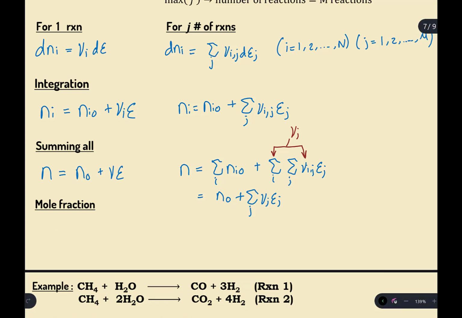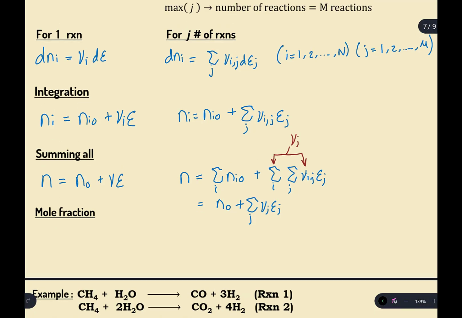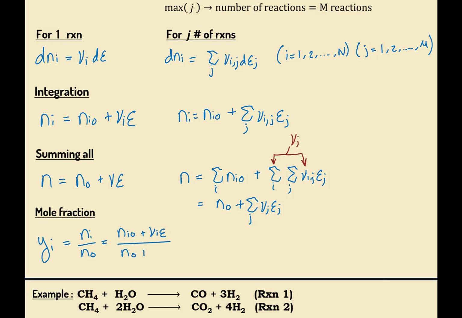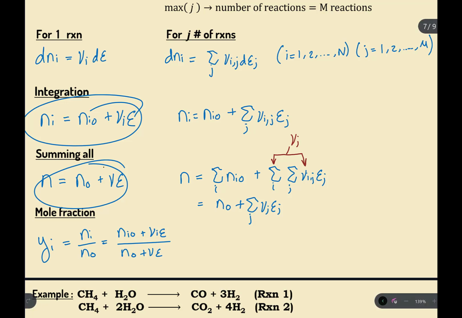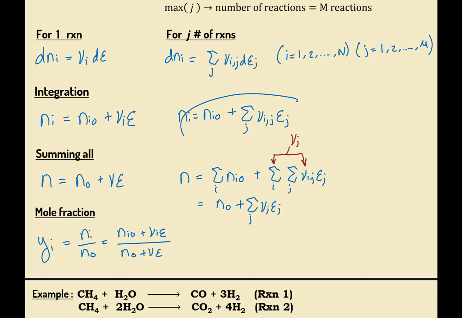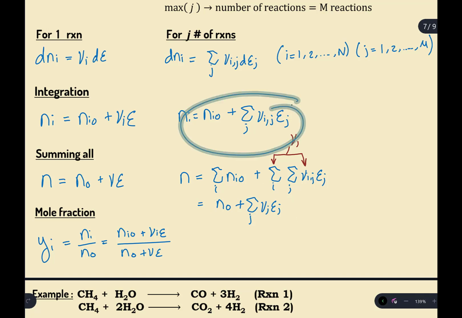And then for the mole fraction, again following the same methodology, we have Yi equals Ni over N, which is equal to Ni naught plus Vi epsilon divided by N naught plus V epsilon. I took this and this and just divided them. So for the multi-reaction system, again, you take this and divide by that for every component.